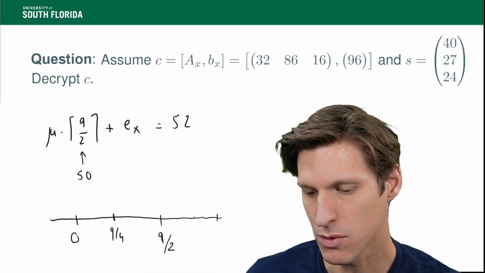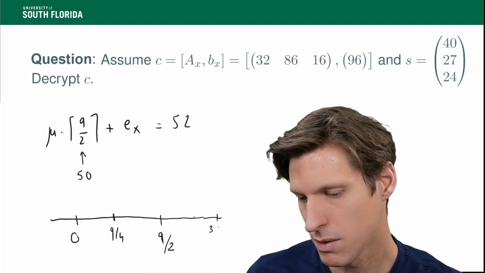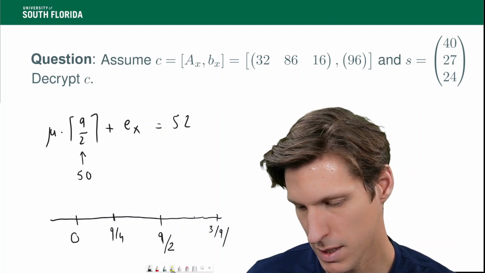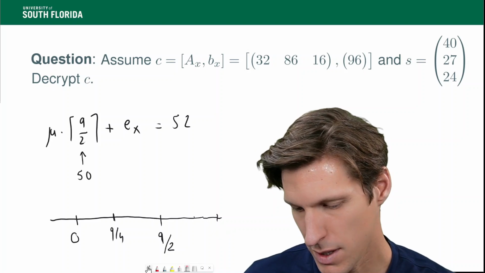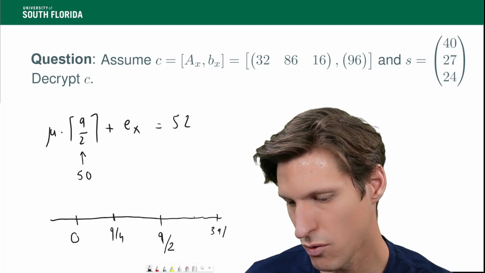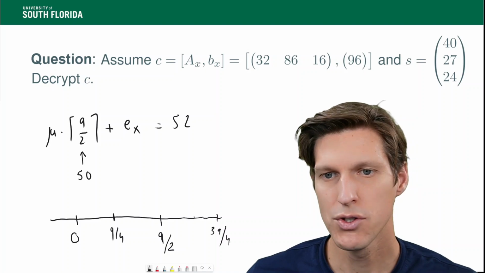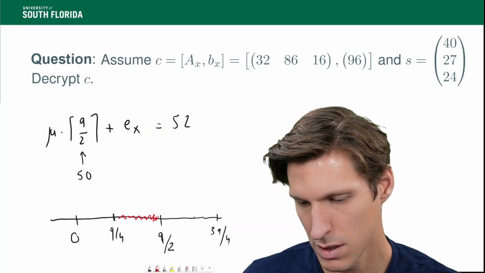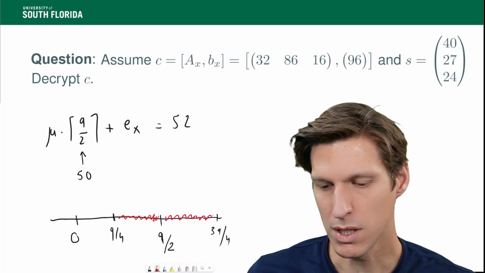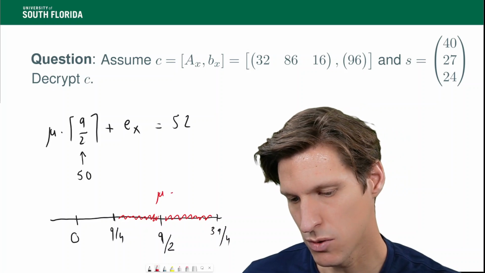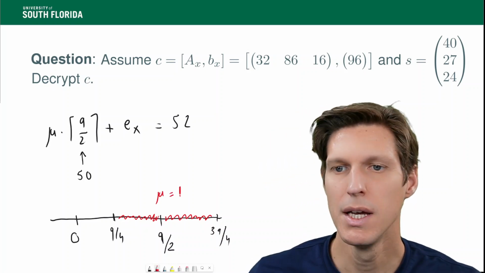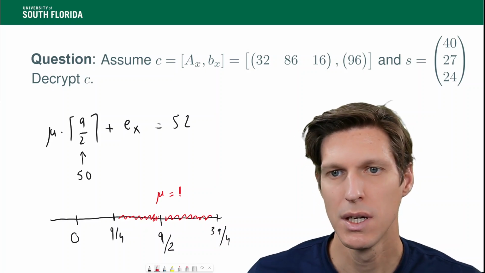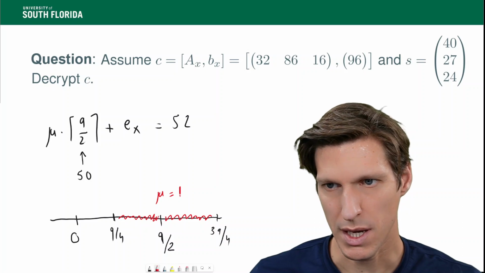So you can add a Q over 4, so everywhere between 3Q over 4 and Q over 2 is also considered to be a 1. So here is everywhere where I would declare mu equals 1. Now in our case, because we're so close to 50, it's pretty clear that the message was 1, and that's what we're going to say as the decryption.